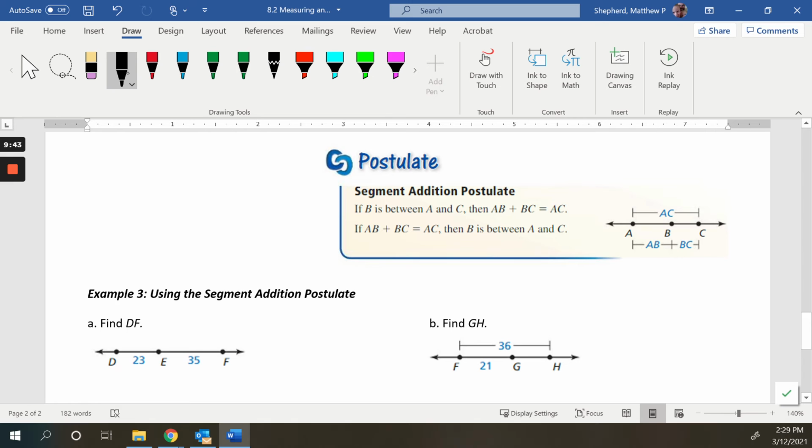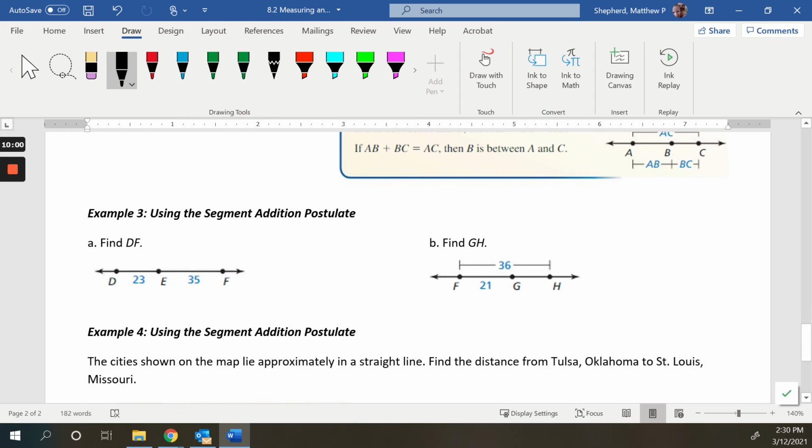If B is between A and C, there's B cutting it into 2 different segments, then A to B plus B to C should be equal to A to C. Okay, that's all it's saying. All right, so here we're trying to find D to F. Notice we got E in the middle.